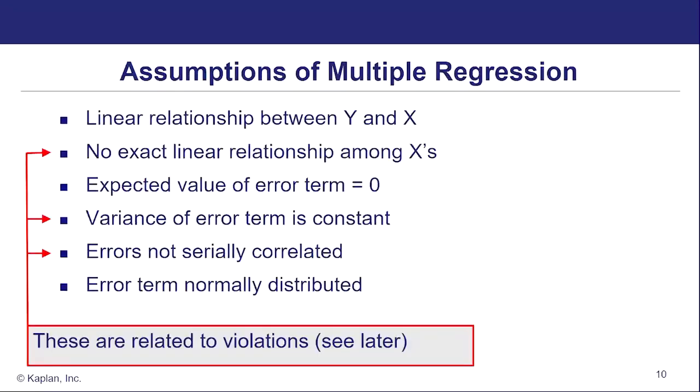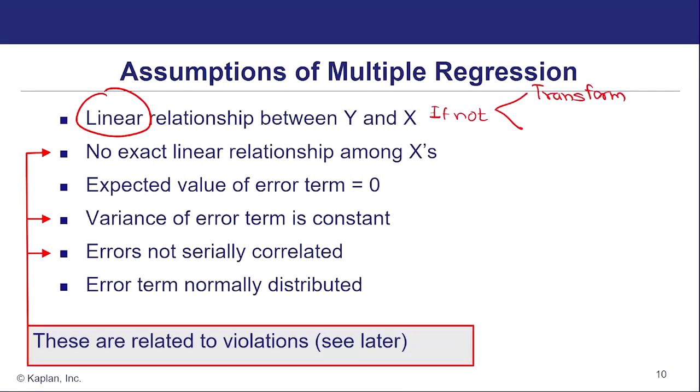Now, what are the assumptions behind multiple regression? The first assumption is that the underlying relationship between Y and all these X variables is linear. And that is a very obvious assumption. Why? Because if the underlying relationship is not linear, the first choice is to transform.